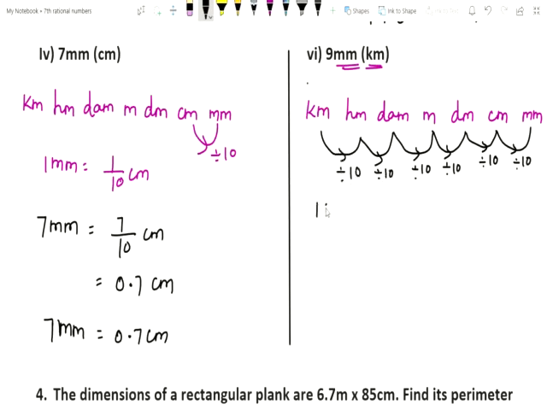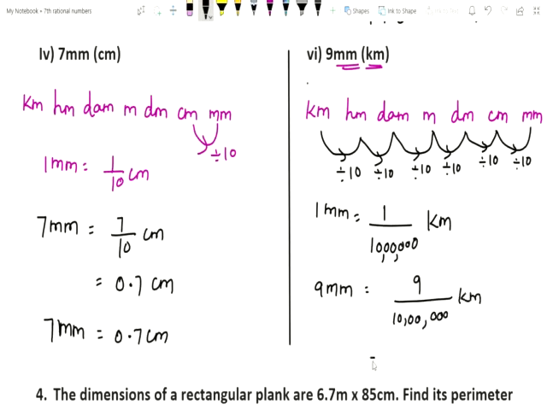Now 1 millimeter equal to 1 by 1, 2, 3, 4, 5, 6 zeros, 10 lakh kilometer. Okay. So 9 millimeter equal to 9 by 10 lakh. So here 6 zeros are there. 6 decimals we want to keep.